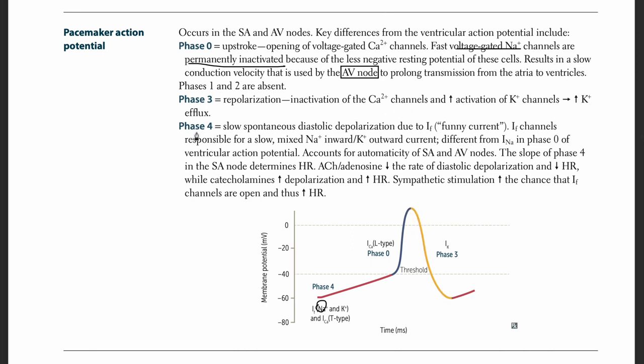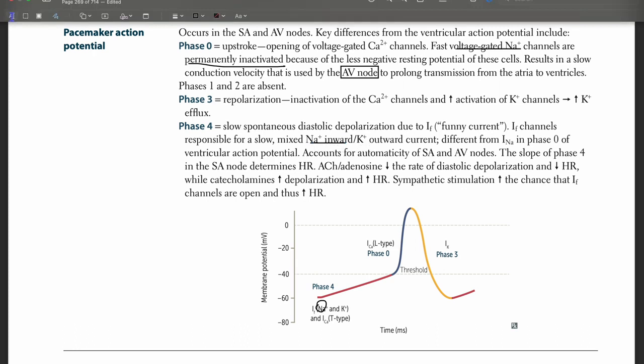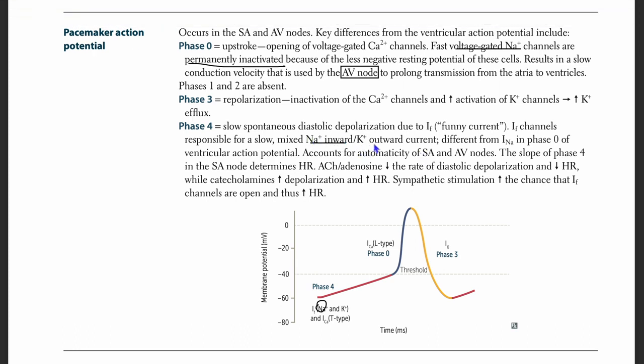Phase 4 now is a slow spontaneous diastolic depolarization due to funny currents, or IF. Funny current channels are responsible for a slow mixed sodium inward, potassium outward current, different from the fast inward sodium current in phase 0 of the ventricular action potential.